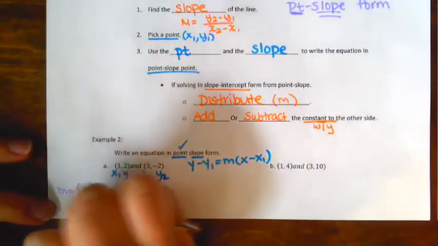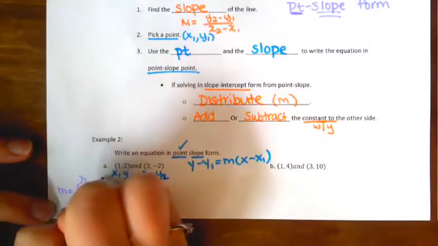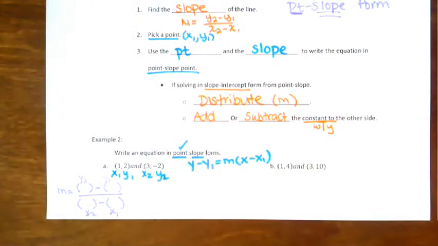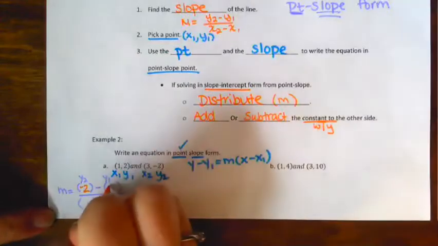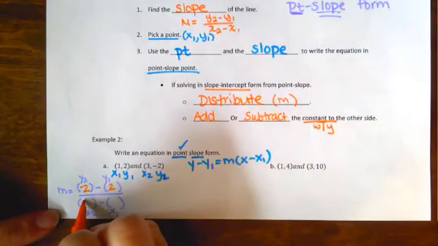y2 minus y1 over x2 minus x1. Okay. So what is my y2? -2. -2, good. y1? 2. x2? 3.